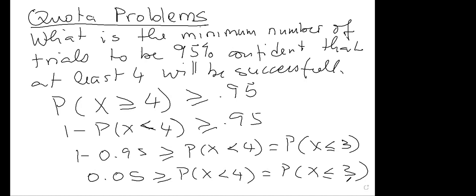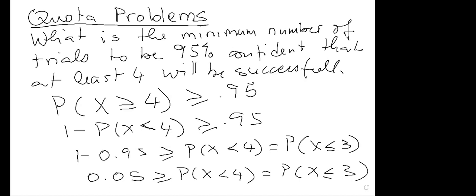And now we will be doing trial and error. We will start with, we know the probability of success here is 0.7. And we want the cumulative distribution at 3, or the probability that x is less than 4, the same thing.